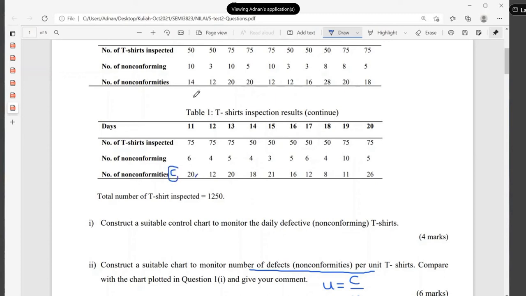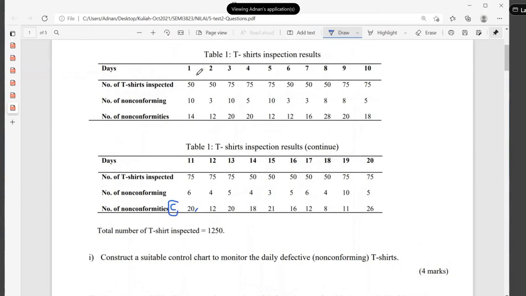Number of non-conformities is, start from the number 1, 14, 12, 20, and so on. So this is actually the C. Because dia punya sample size is not equal to inspected unit of 1, we cannot use C chart, so we use U chart. So what is U here? In this case, sample number 1, U will be 14 divided by 50.